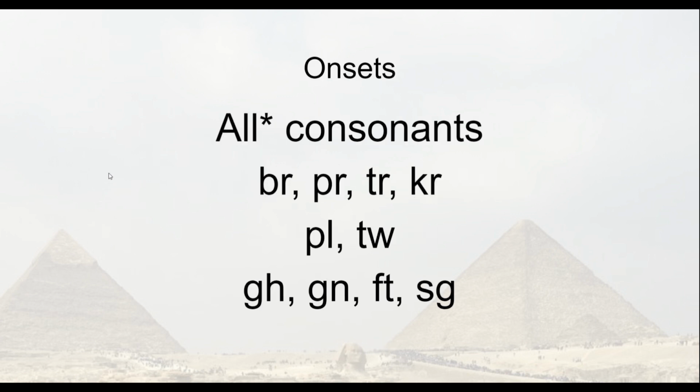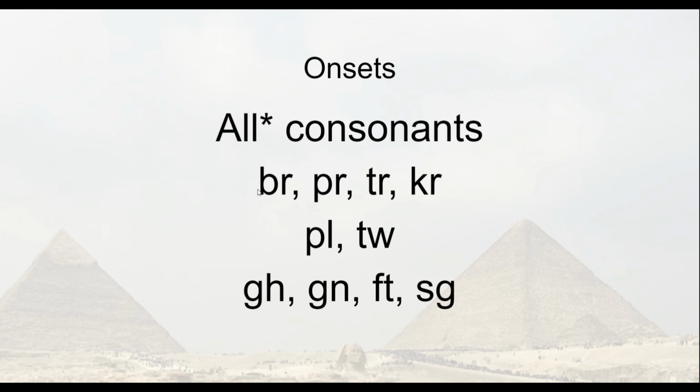So onsets, so again, what precedes the vowel in a word, so the first consonants in a syllable. And I've noticed that most, if not all, consonants can occur as onsets in Sayontu. I haven't found words that have some consonants in it, but I'm pretty sure they can all occur as onsets.